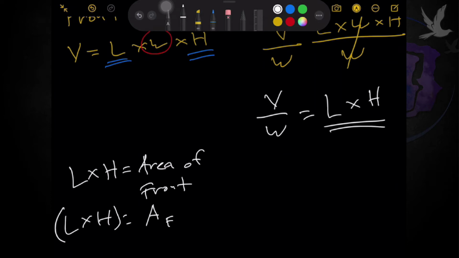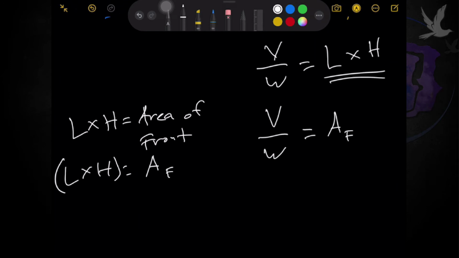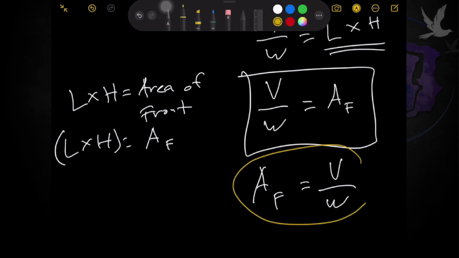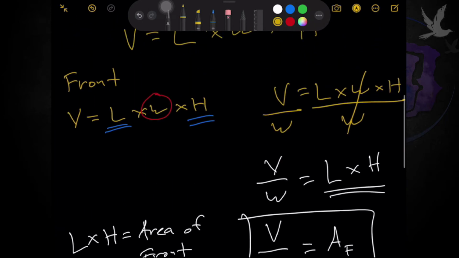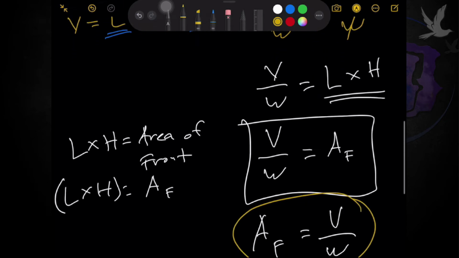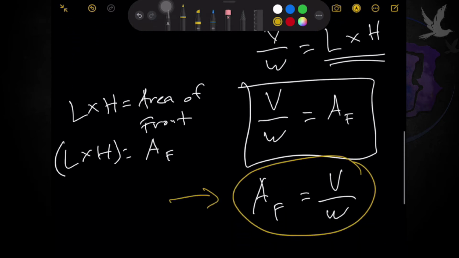So, we have volume over width is equivalent to our area of front. So, Teacher Mark, can we reverse them? Yes. Para hindi lang kayo malito. This is just the same as this one. Ganun lang. Parehas lang yan. Okay? So, which means if you're solving for the front shaded part, you need to make use of this formula.